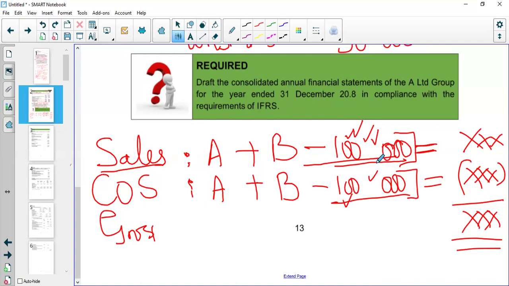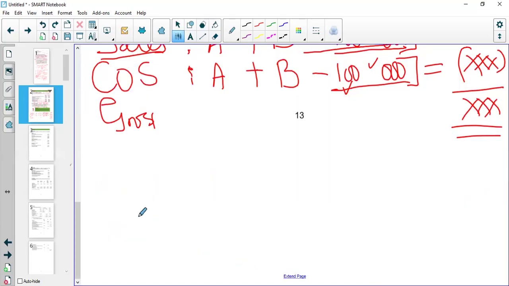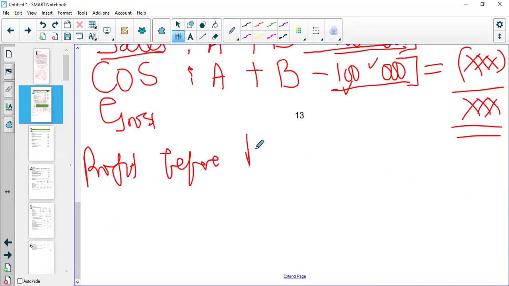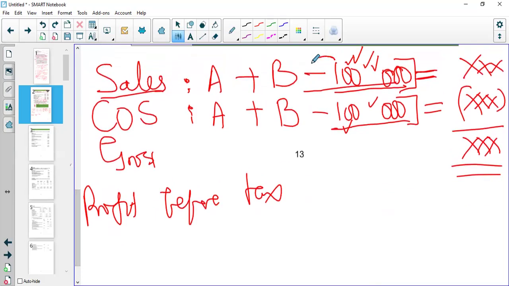But the point I want to emphasize is that if you are starting from profit before tax, you don't have to adjust the sales and the cost of sales, because you're starting from profit before tax and going downwards.